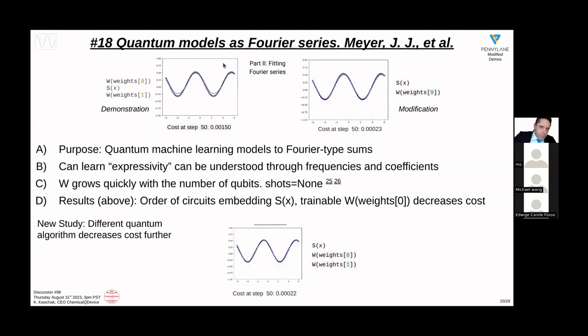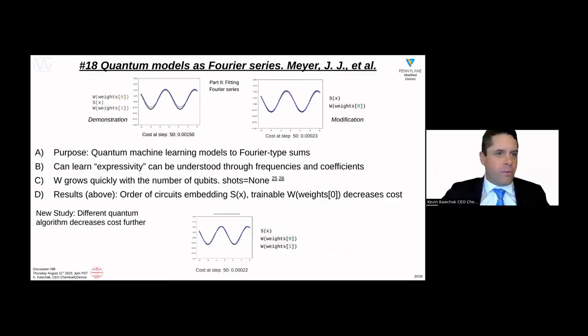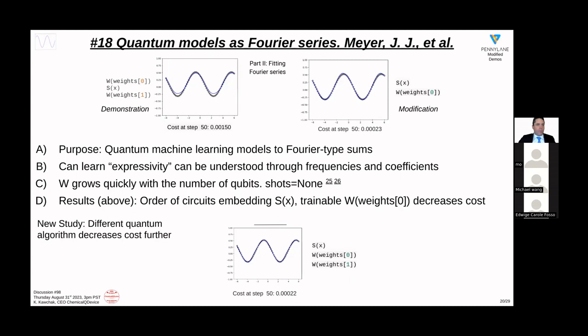Okay, so this next one is basically quantum models as Fourier series. A lot of times there's just a push to see if something works. They'll call this left one, for instance, a W, or like a sandwich.